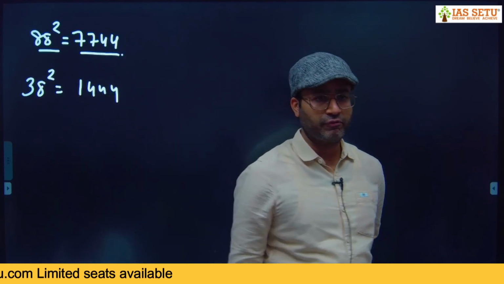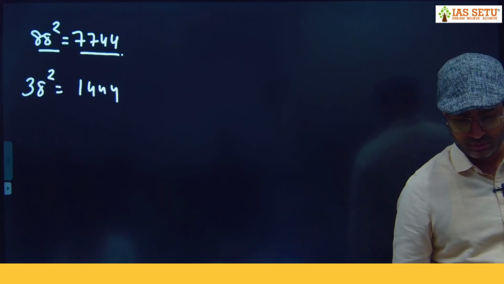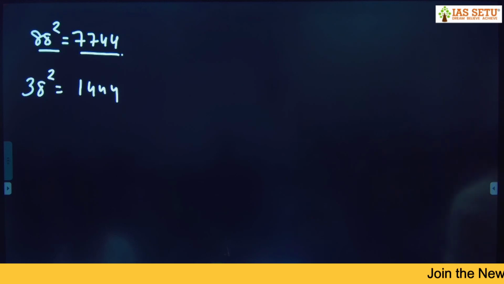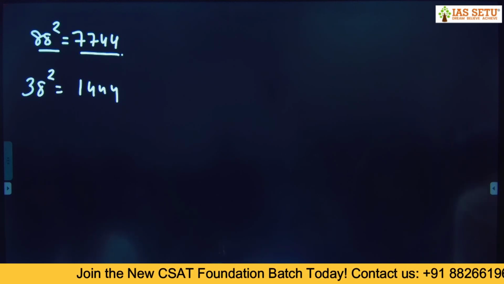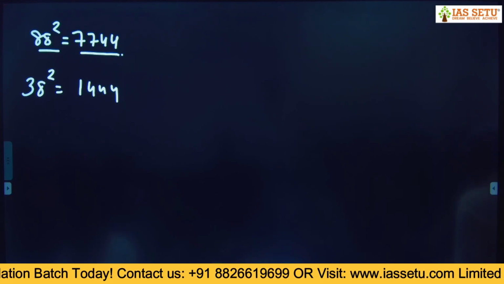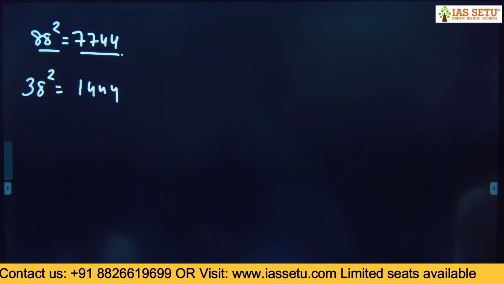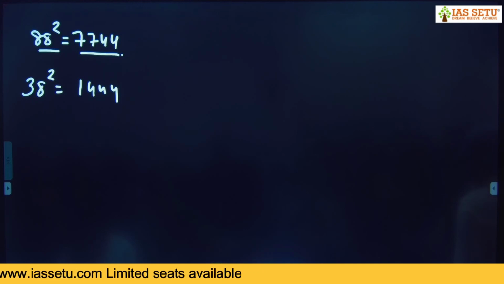So you write 1444 is the only 4-digit number which is a perfect square number and having last 3 digits same. Apart from this, you will not find any other 4-digit number that is a perfect square with the last three digits same.